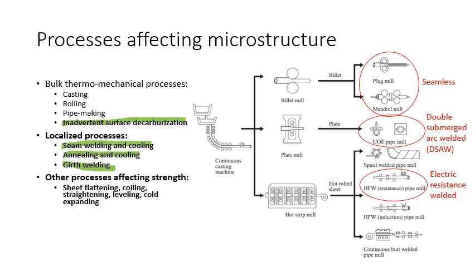Other processes that deform the material and affect the strength are sheet flattening, coiling, straightening, leveling, and cold expanding. Now what these processes do is make a shape change or a little bit of plastic deformation that may actually be difficult to find in the microstructure, but can leave a large effect on the final strength and especially on the residual stress in the product.